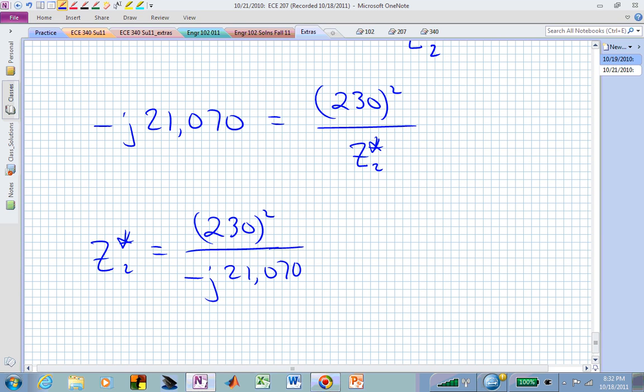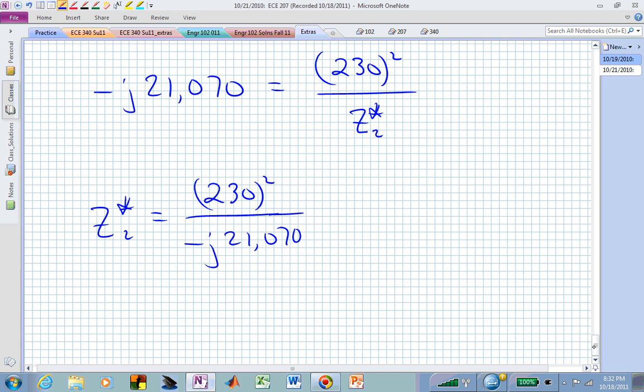We can now simply plug in these numbers, and we find that 230 squared divided by 21,070 will give us 2.51, and that's now over this minus j.